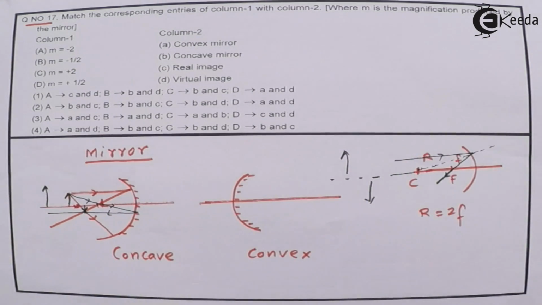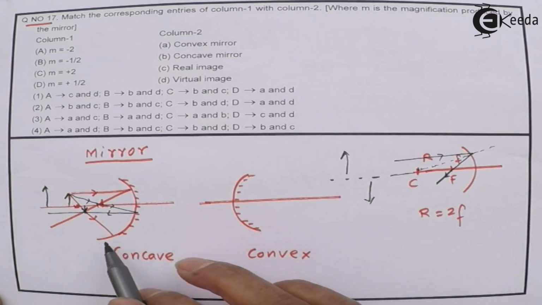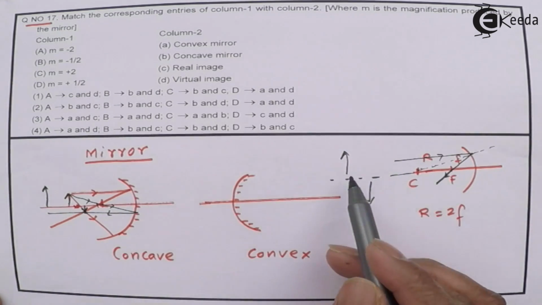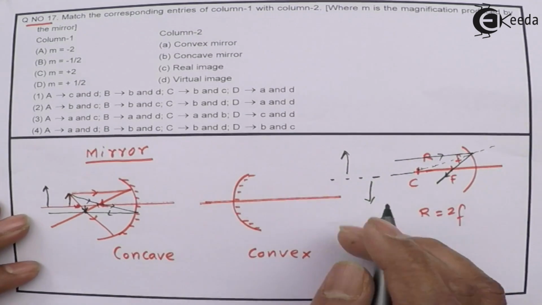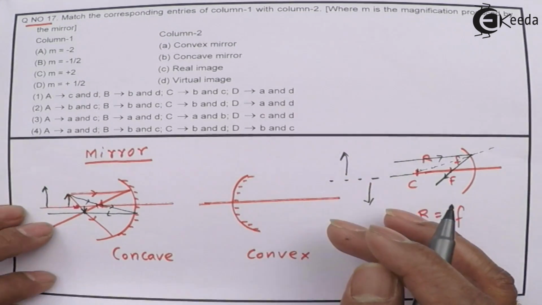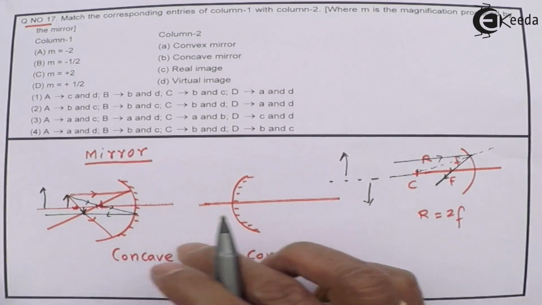Continuation of question number 17. So in case of a concave mirror, it will be negative. Before solving this, let me write the conclusion for concave and convex mirrors.